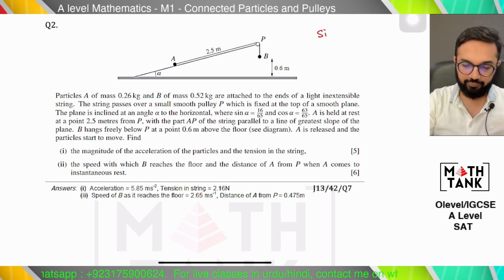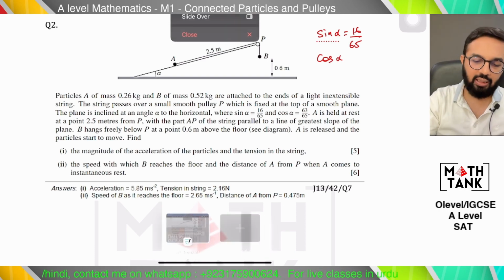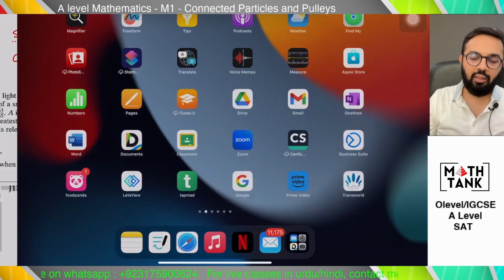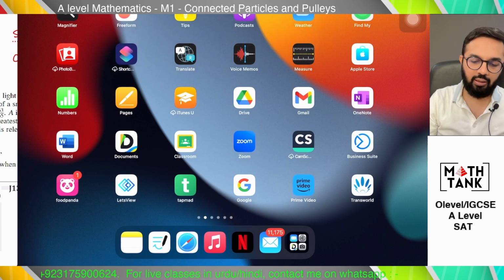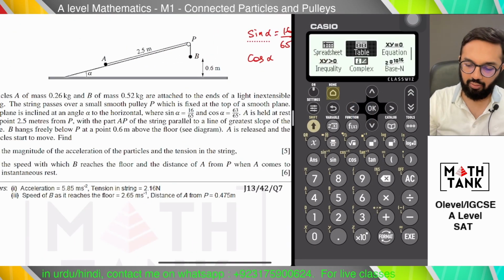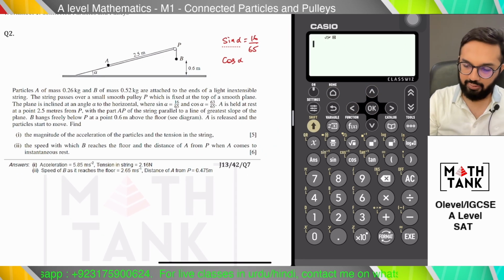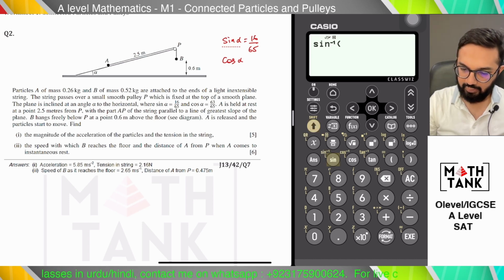Okay, sine alpha. I will also need cos alpha, so let's just quickly put that down. How do I do that on my calculator? I'm going to show you my calculator quickly. I'm going to say sine inverse of 16 divided by 65, cos of answer.